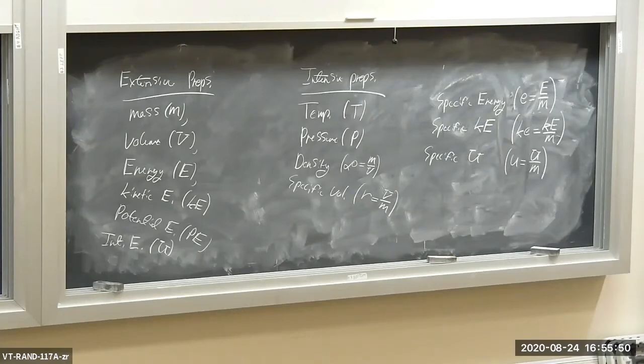What's rule number 2? An extensive property, which by the way is usually an uppercase symbol, divided by mass gives you an intensive property in lowercase.